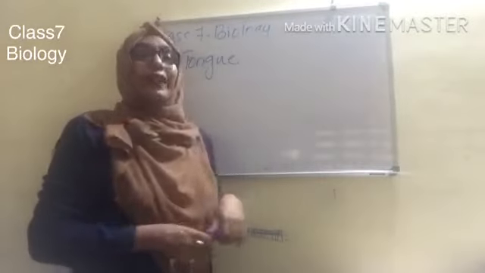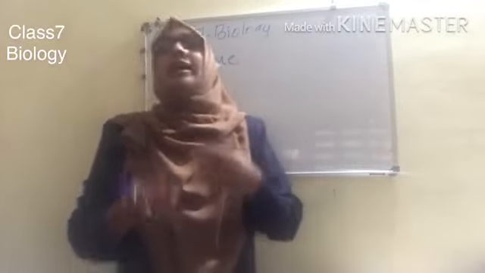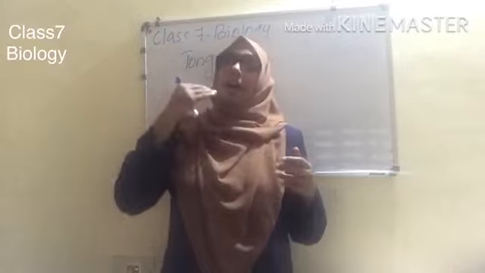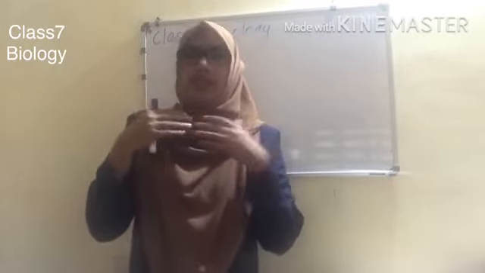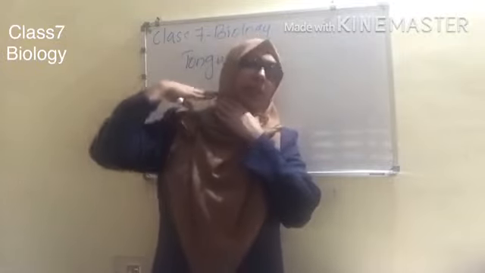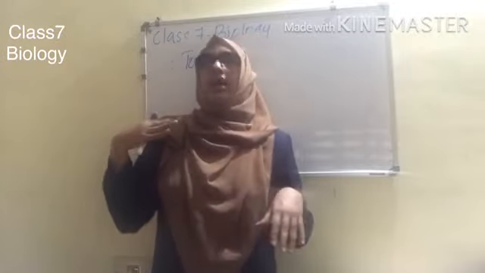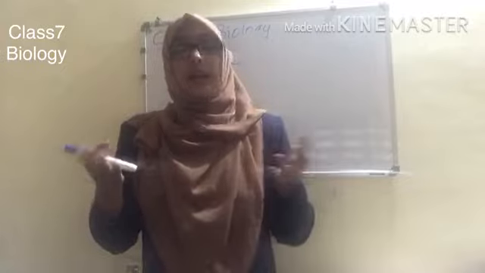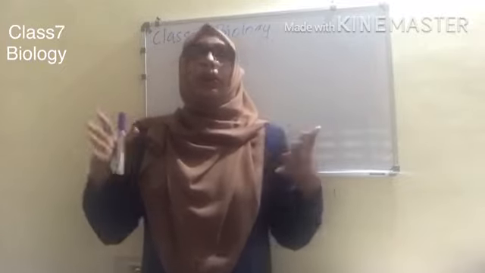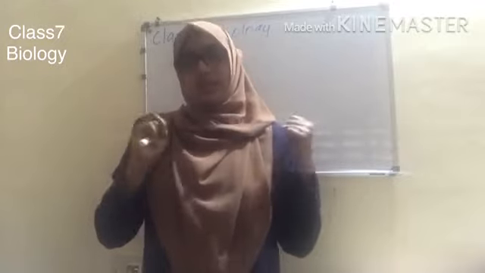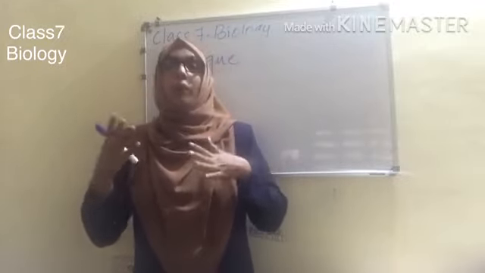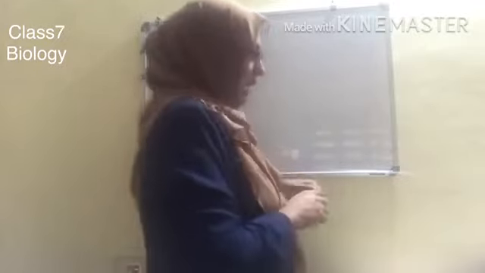Tongue is a fleshy muscular organ that is attached to the back floor of our buccal cavity, isn't it? Tongue is attached towards the back, right? And our tongue is easy to move in all directions. Try to move your tongue in all directions. Yes, we are able to move our tongue in all directions.